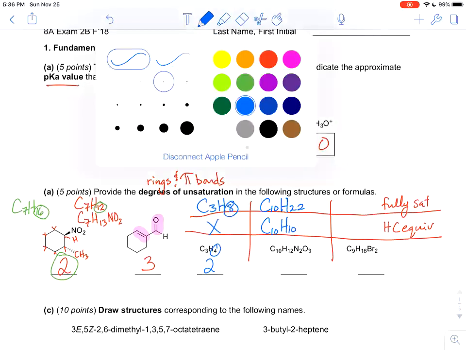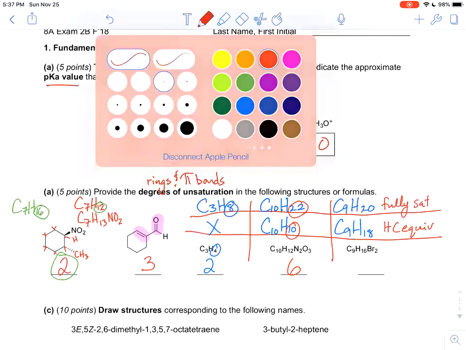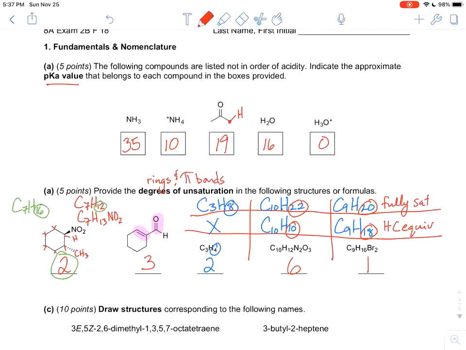The difference between 22 and 10 is 12, which means 6 degrees of unsaturation for this compound. And then what we have at the end, 9 carbons. We're going to add that number of bromines to the hydrocarbon equivalent, C9H18. The fully saturated form would be C9H20. The difference between the two is only 1 degree of unsaturation, or 1 pair of missing hydrogens.